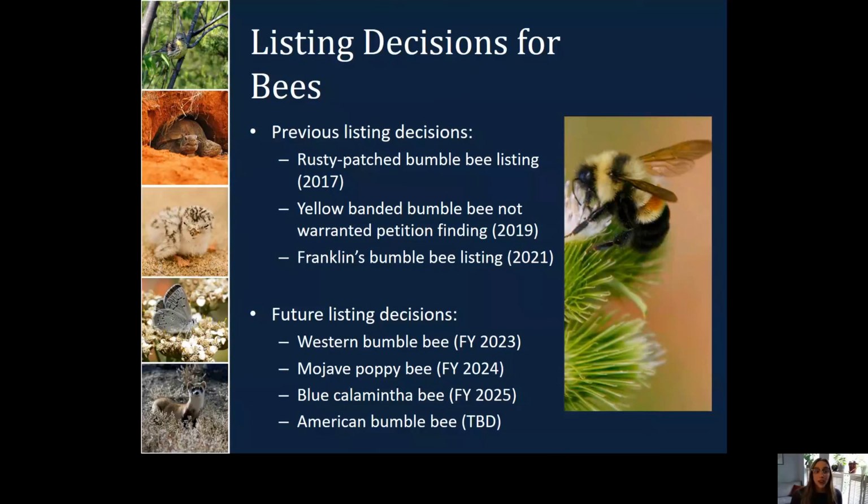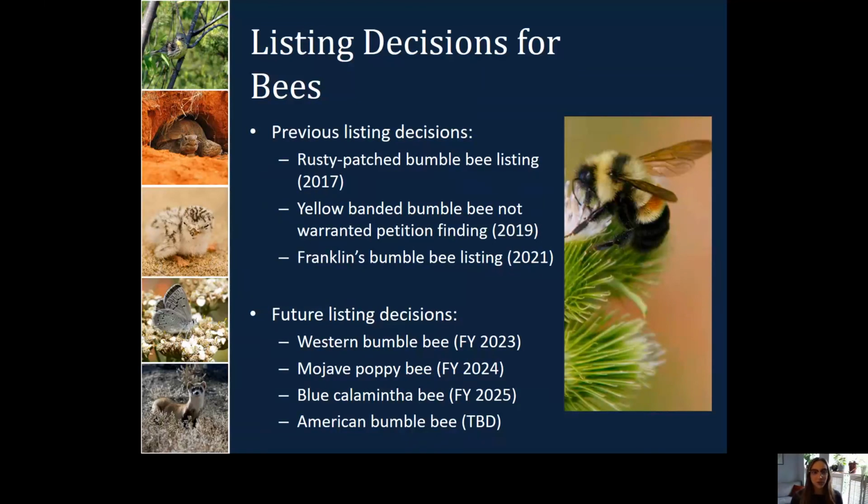So we've completed listing decisions for several bee species that were on our work plans and were informed by species status assessments. In 2017, we listed the rusty patch bumblebee as endangered, and we developed a species status assessment to inform that decision. Also in 2019, we completed a species status assessment for the yellow-banded bumblebee, which informed our determination that the species is not warranted for listing.